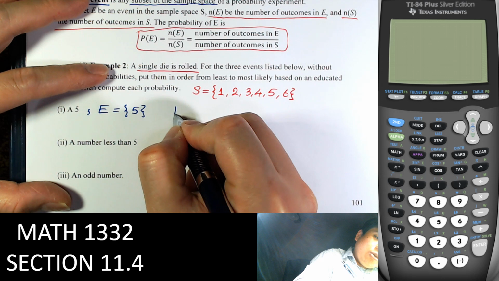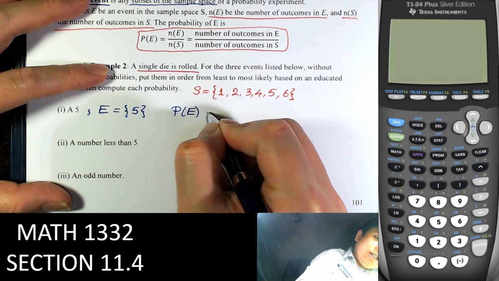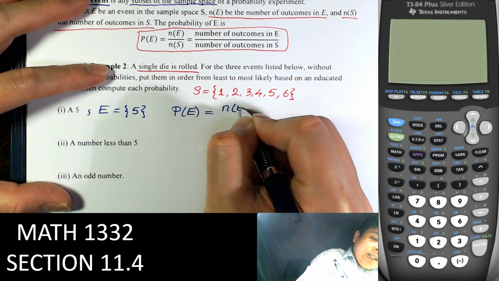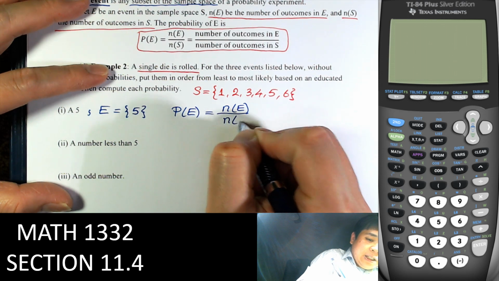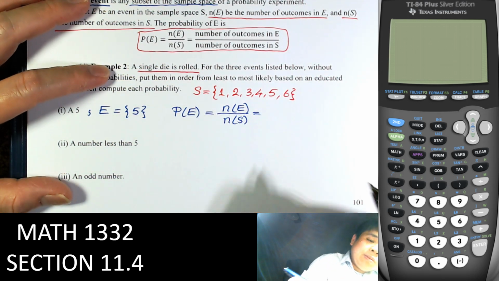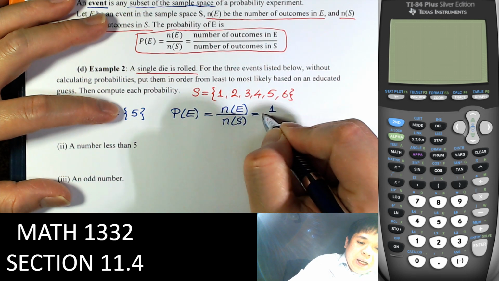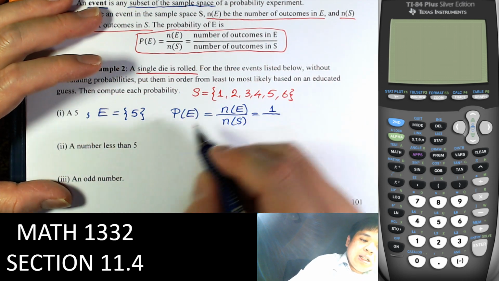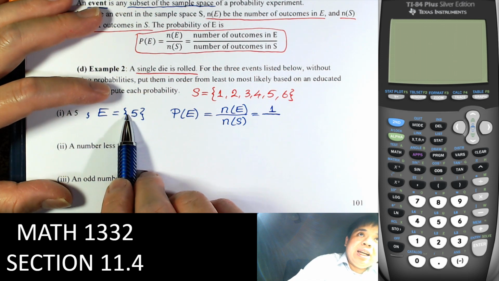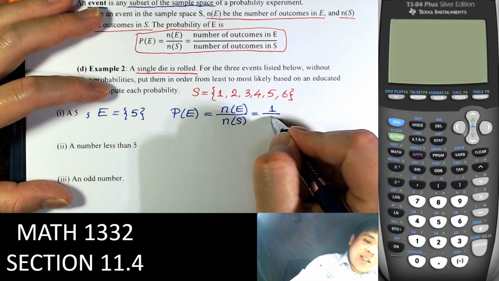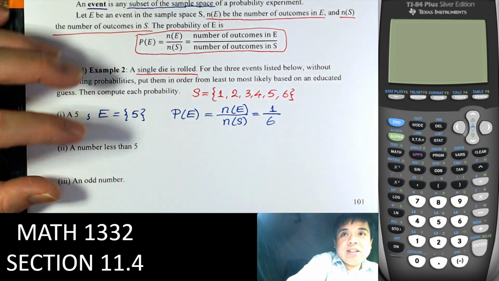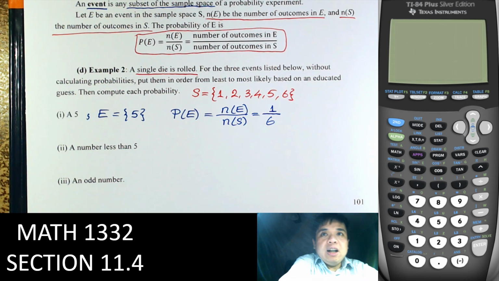In that case, the probability of that event is N(E) over N(S). N(E) is 1, and N(S) is 6. So that's 1 out of 6. That is the probability of getting a 5.